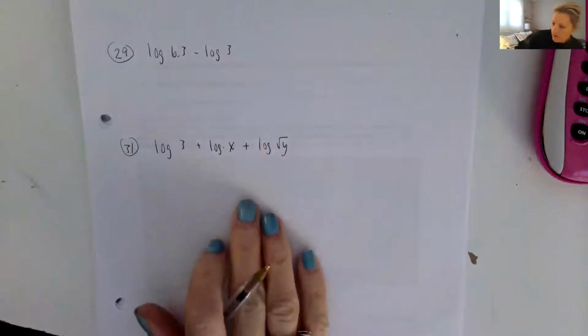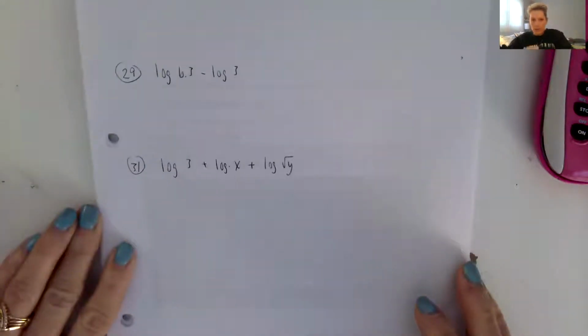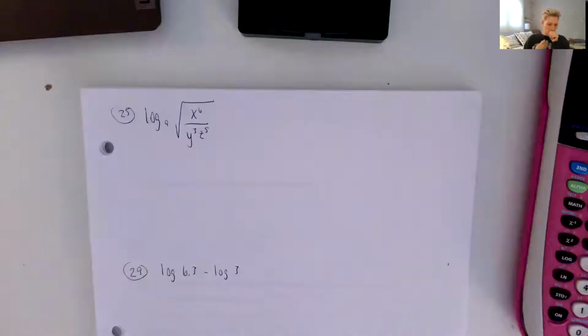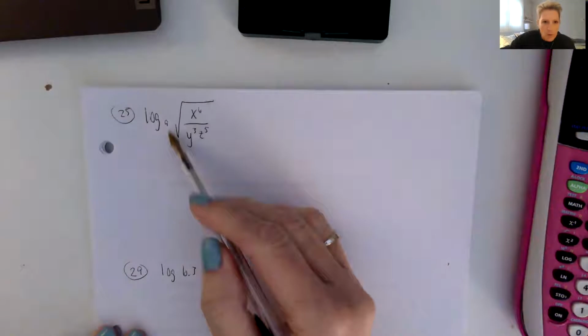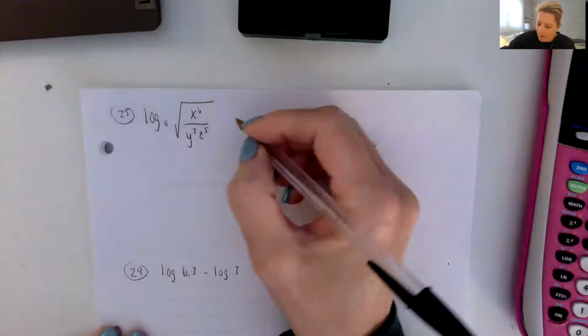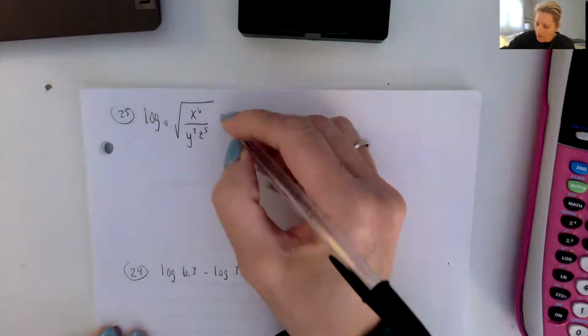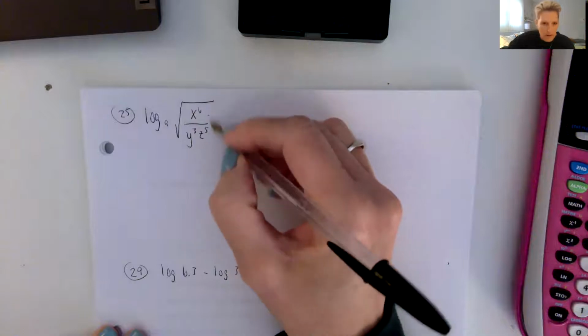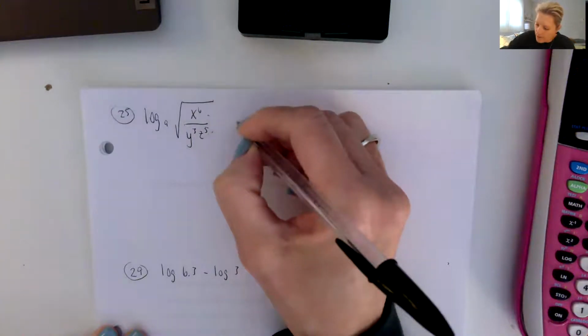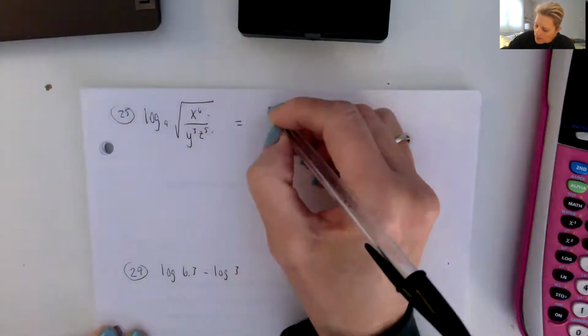So let's look at 25. We're getting some little bit trickier ones as we go. We have this whole thing to the rational exponent, and then we have a quotient inside there. So let's just split up the quotient at the time.